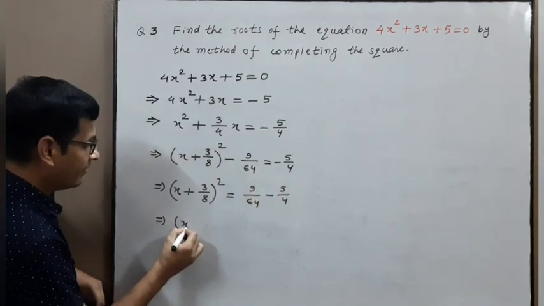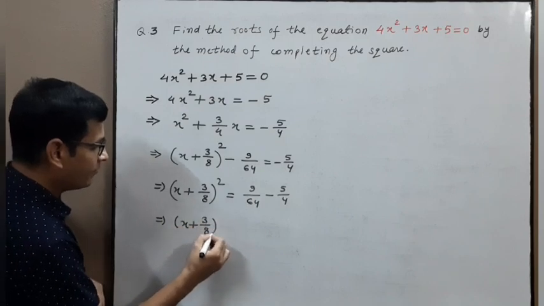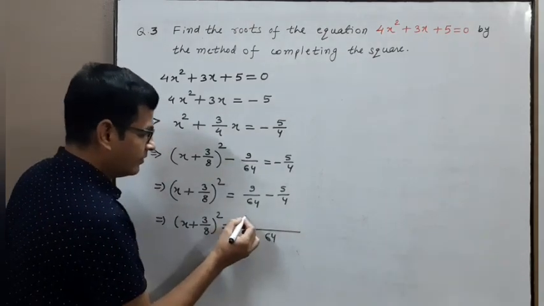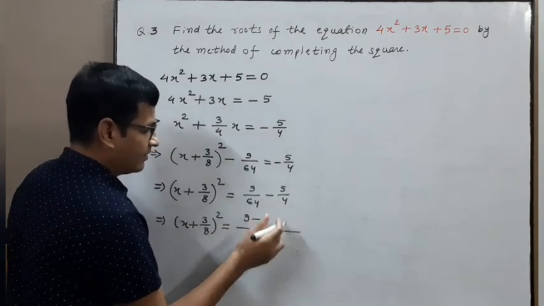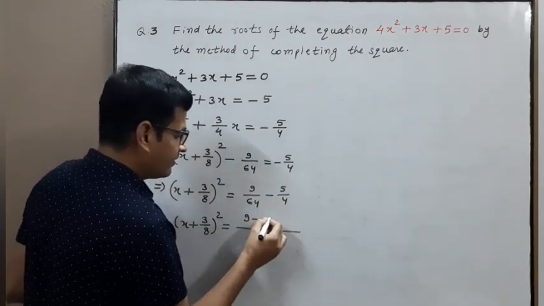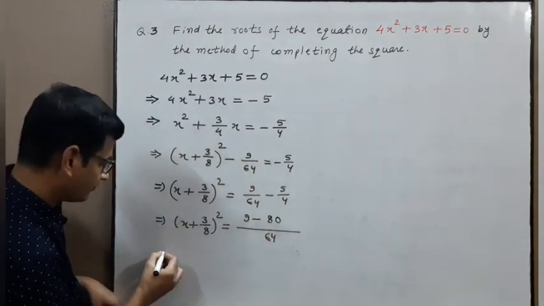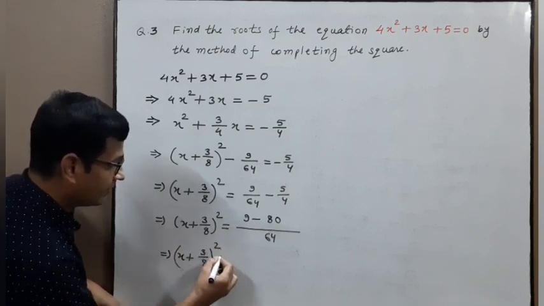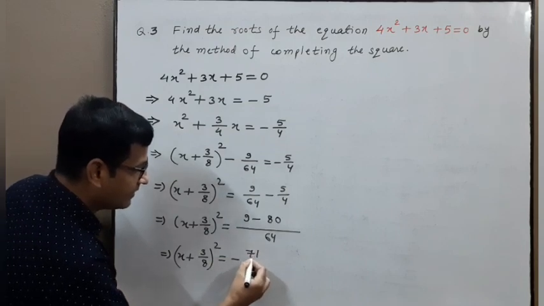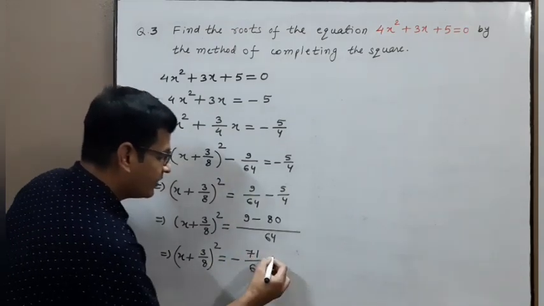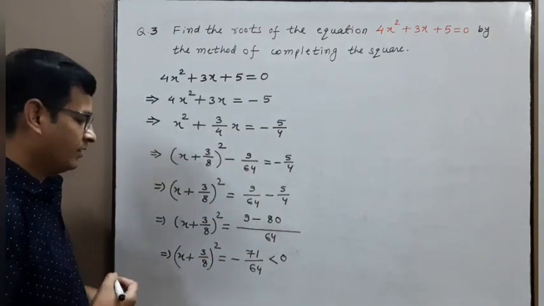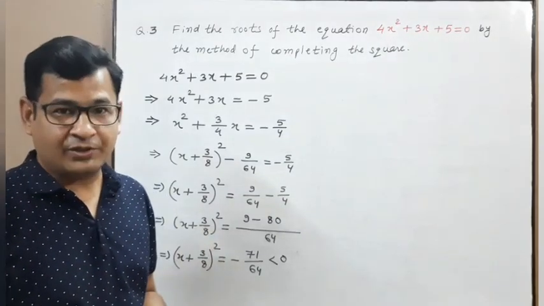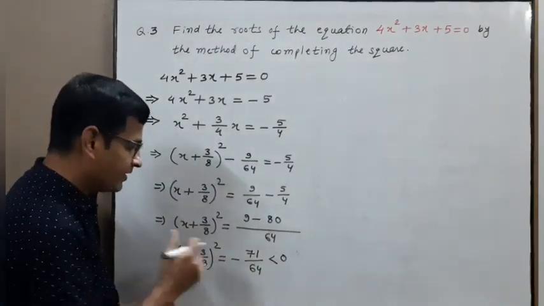Simplify more. x plus 3 by 8 whole square equal to, taking LCM 64, so 9 minus 16 times 4 is 64, 16 times 5 is 80. So x plus 3 by 8 whole square is equal to minus 71 upon 64, which is negative. We all know the square of any real number is always positive, and the square of this is negative.